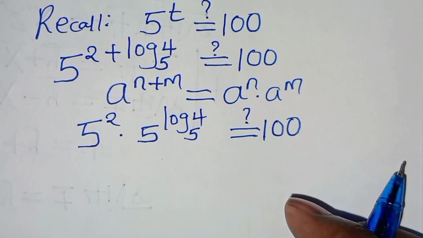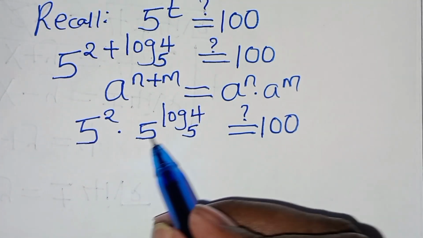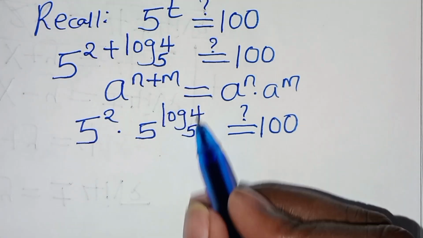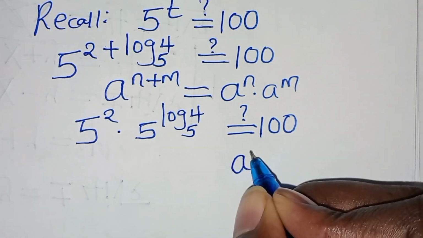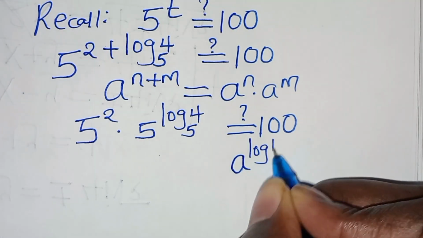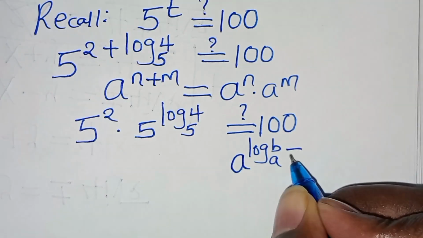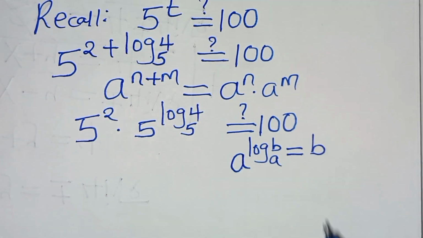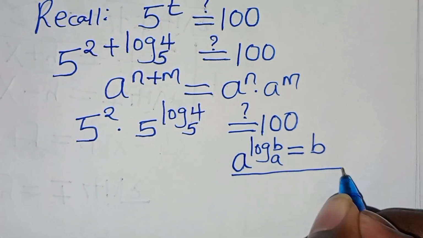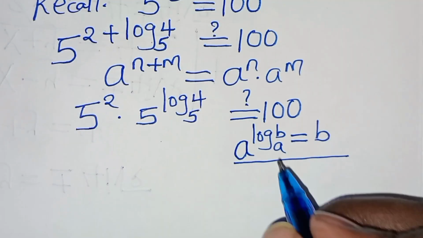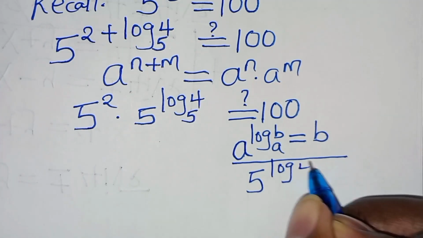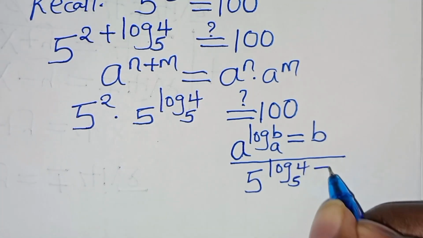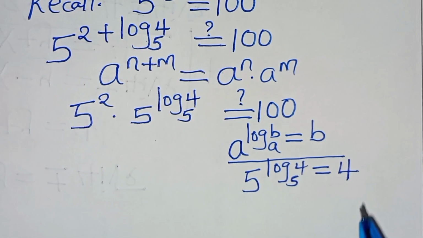Now, the next step from here, 5 raised to the power log 4 to base 5 is in the form of a raised to the power of log b to base a, which is supposed to give us a value of b. Applying this logarithm property, 5 to the power of log 4 to base 5 should give us a value of 4.